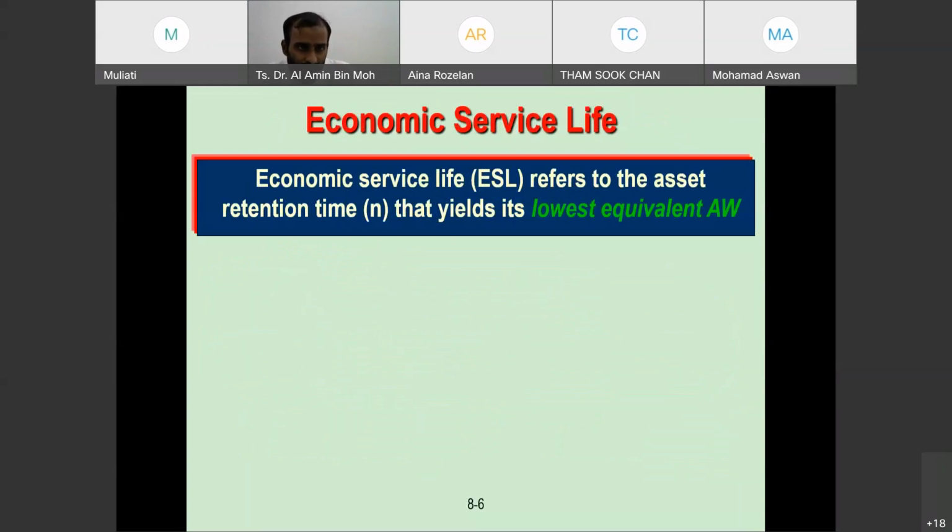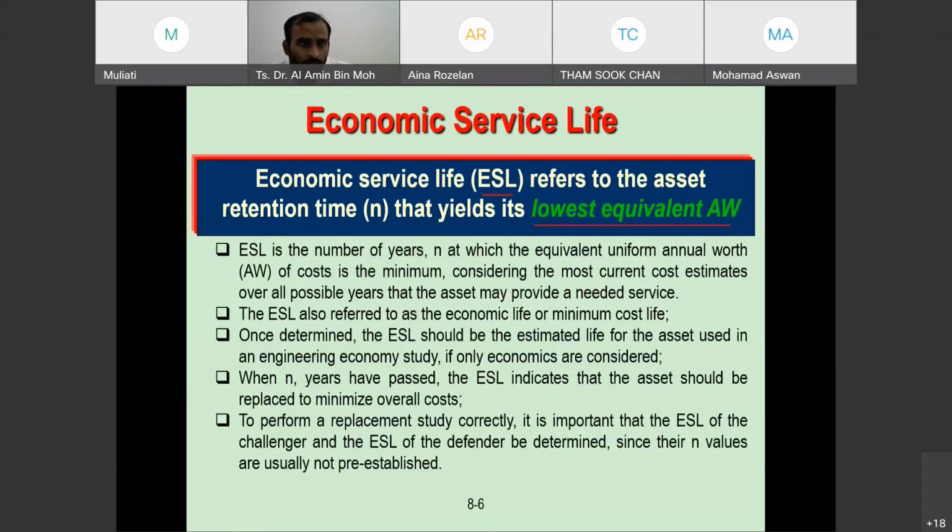So what is ESL? Economic Service Life, ESL. Basically, we are going to look for this when we analyze. It refers to the asset retention time, right? Retention time, which is which N? The E is the lowest equivalent AW. So ESL is the number of years at which the equivalent uniform annual worth of cost is the minimum.